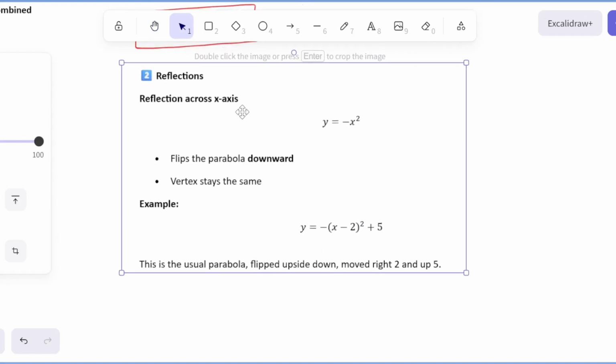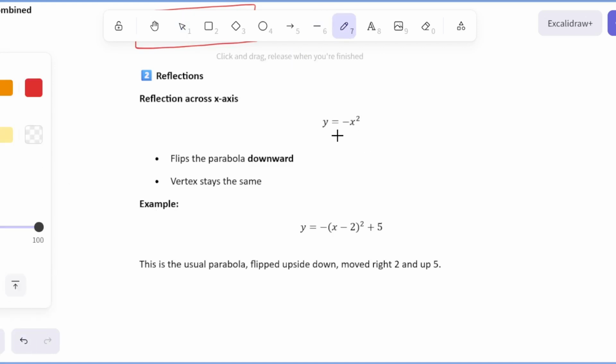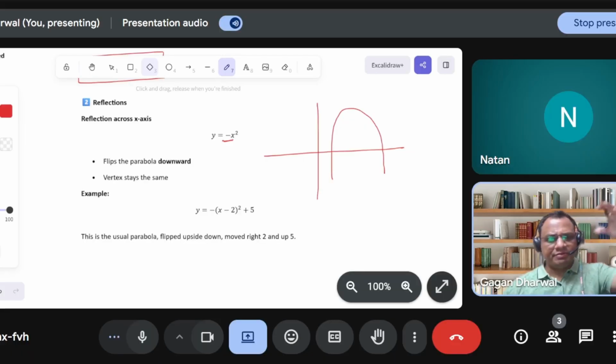So reflections across the x-axis, as we just discussed, the sign will matter. If the sign is minus, this means the parabola is facing downwards, because whenever the x square coefficient is negative, the parabola will face downwards.